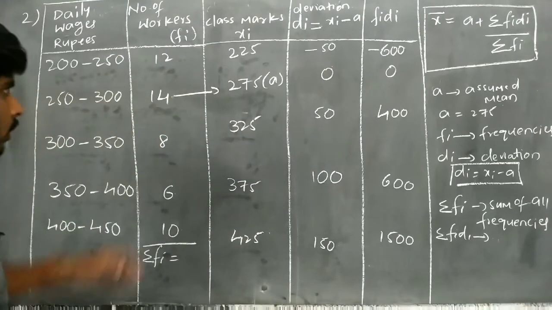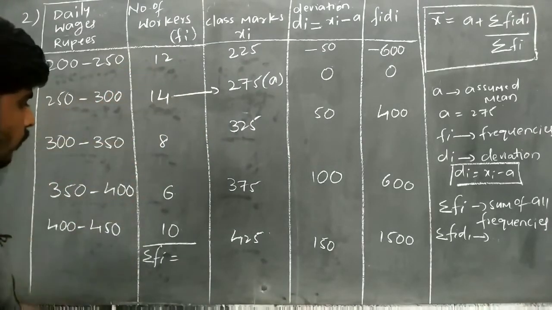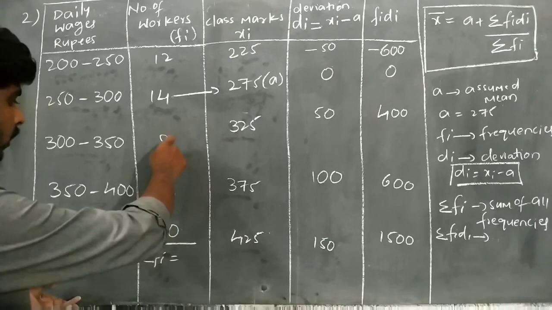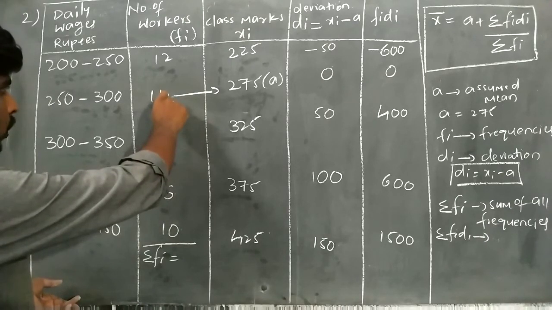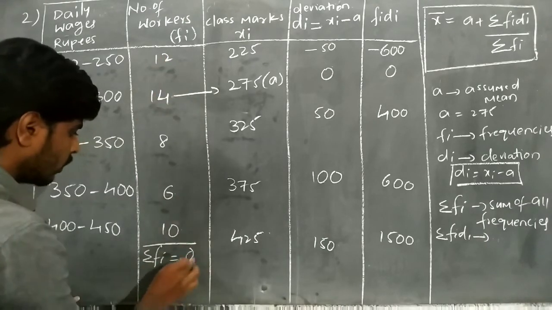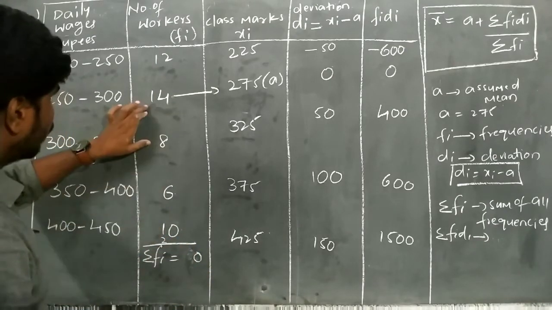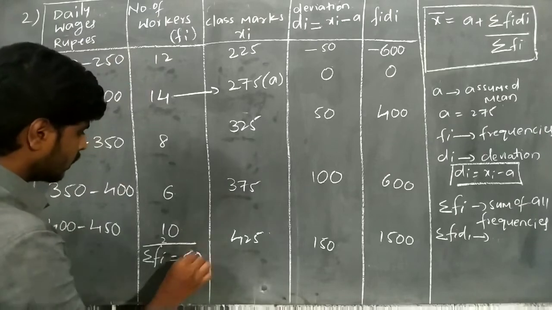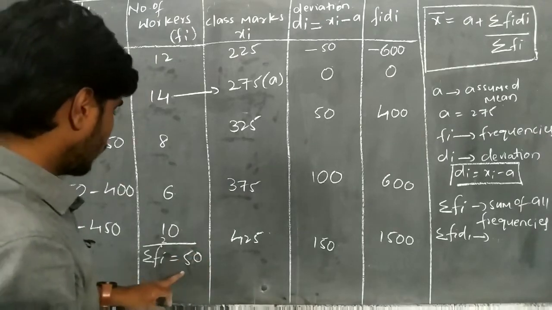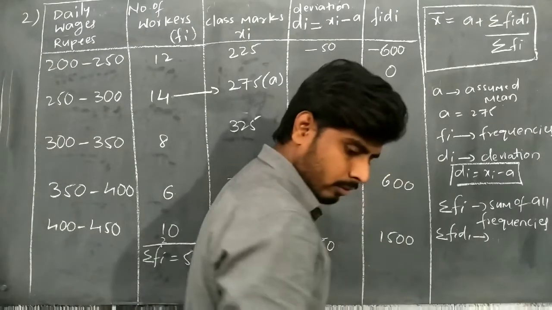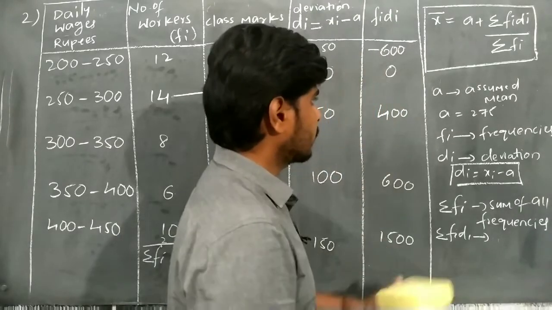So first of all, do this addition: 6, 14, 14 plus 4 is 18, 20, 0, 2 carry 3, 4, 5, it is 50. So sigma fi we got 50. So I am going to erase this.